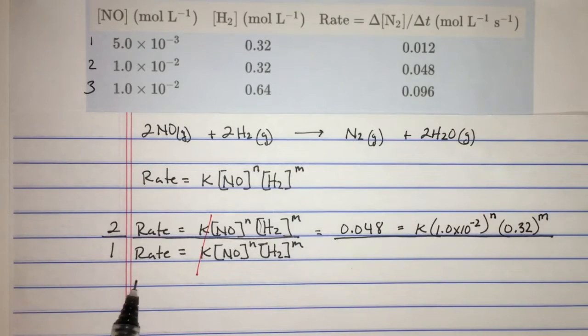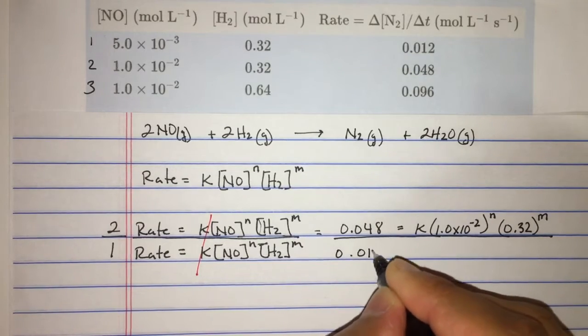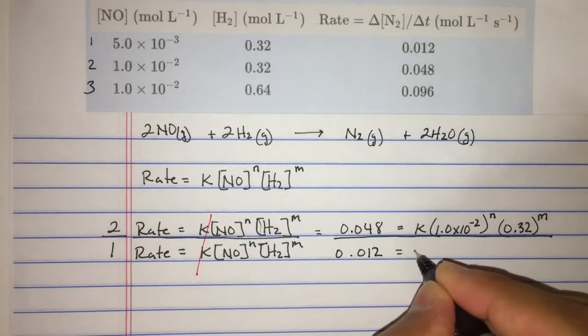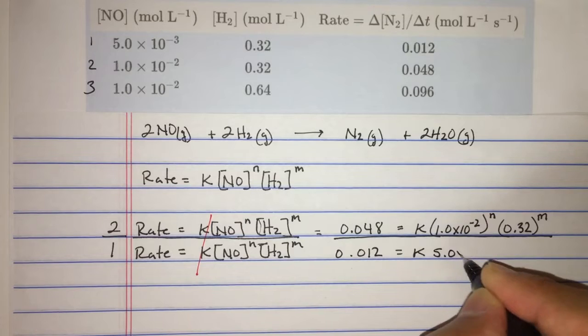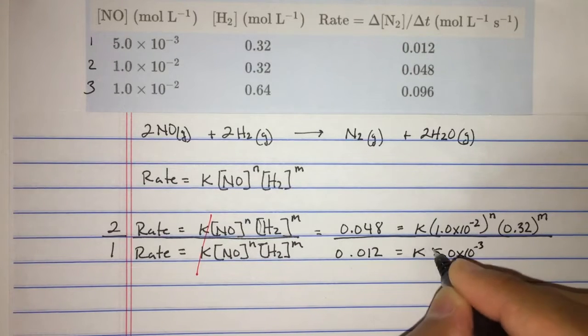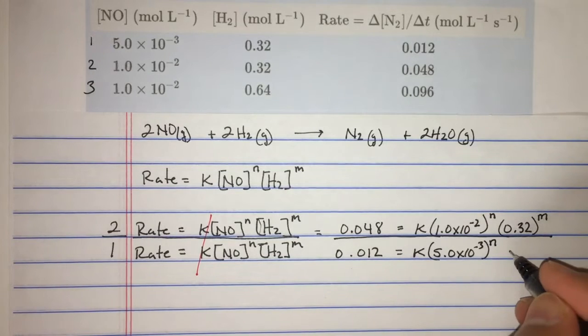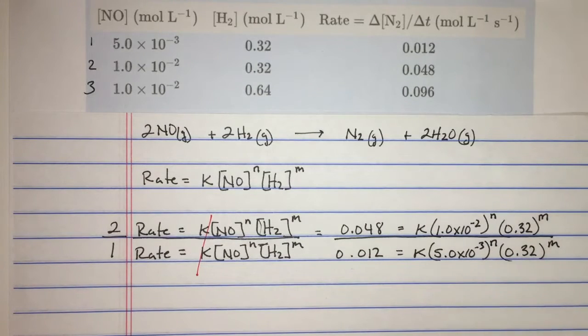Let's divide that by writing the rate law for experiment 1, which is the rate for experiment 1, 0.012, equal to K times 5.0 × 10^-3, the concentration of NO raised to the n, and the concentration of hydrogen, 0.32, raised to the m.